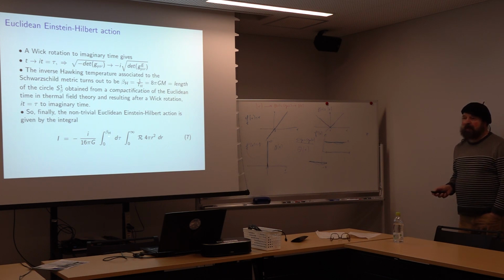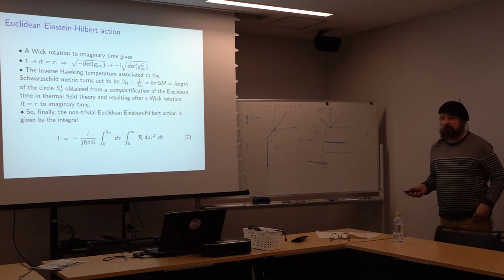So instead of having an infinite value for my upper limit, I'm going to integrate along the length of this thermal circle. Remember, beta H is the inverse temperature, and the inverse of temperature is like the inverse of energy.